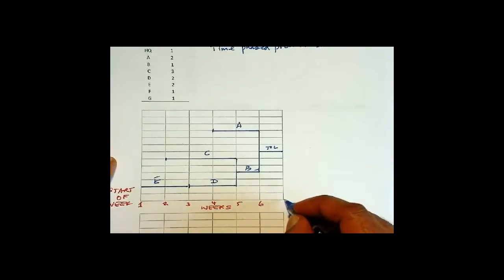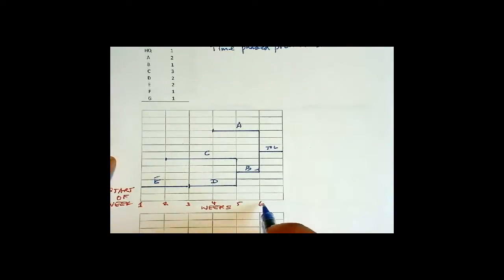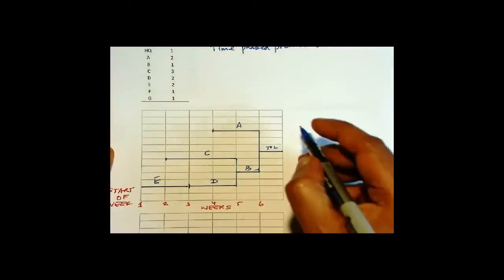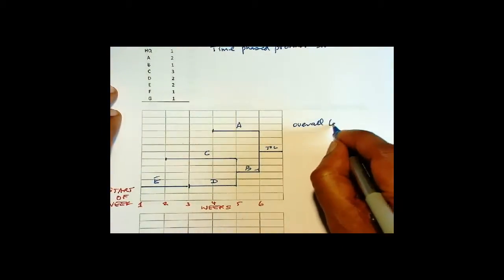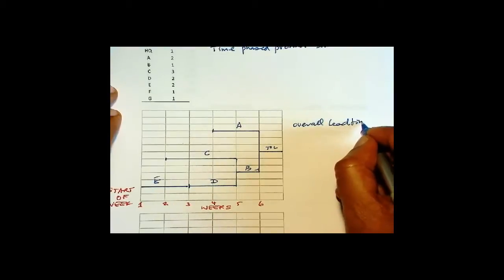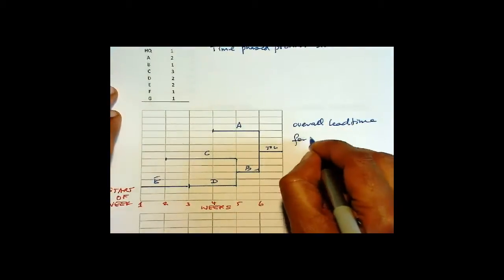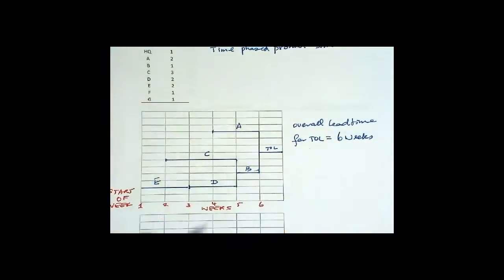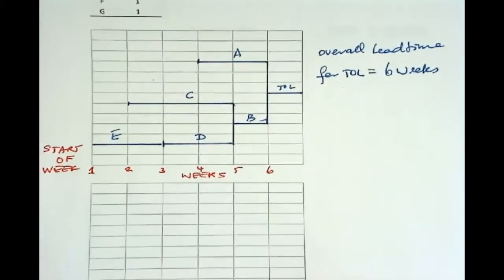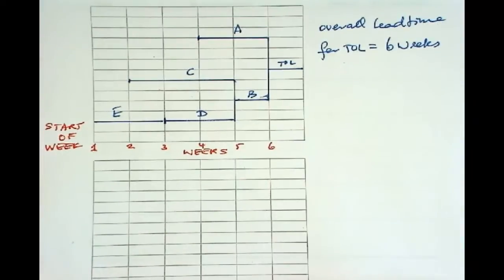It's not. 7 is not the lead time. So this is the beginning of week 7, and that's the end of, I'm sorry, this is the beginning of week 6, that's the end of week 6. So overall lead time for TOL is 6 weeks.